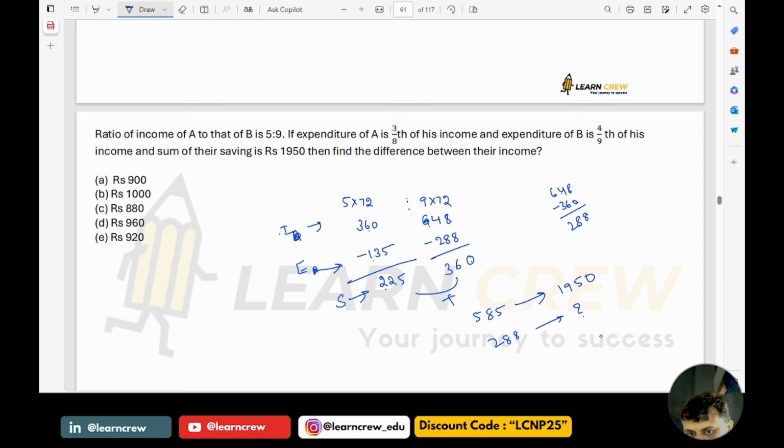So if you simplify this, you will get 288 into 1950 divided by 585. So how many times are you going to get? Simplify and tell me. You will get the required difference of their incomes. 585 is 9 times 65, and 288 is 9 times 32.